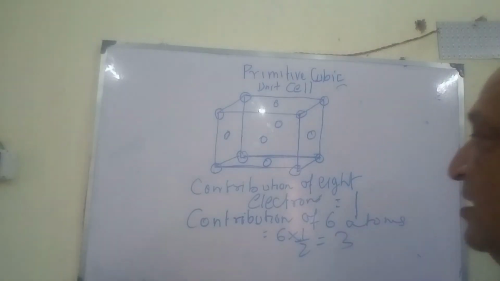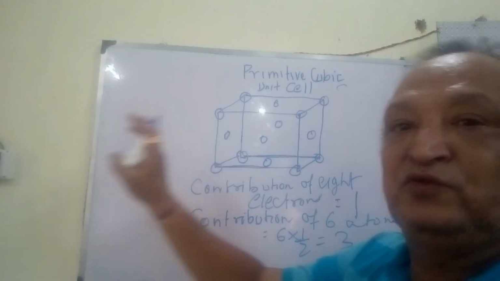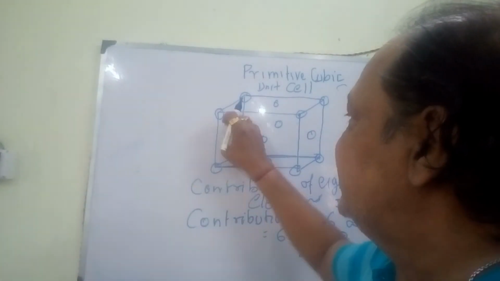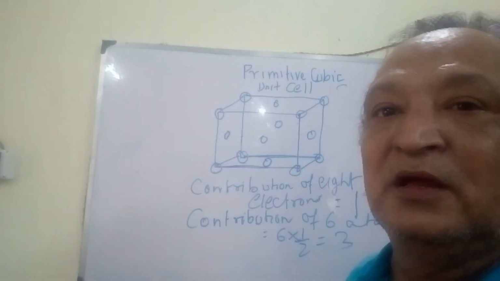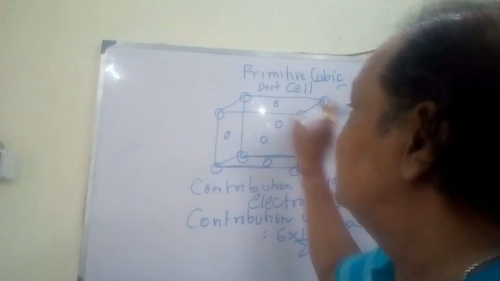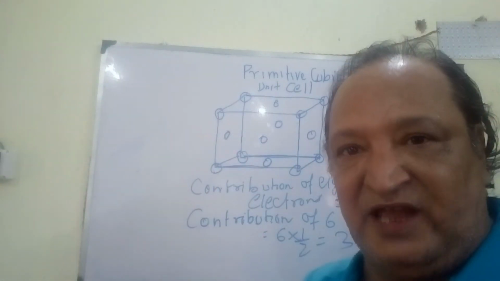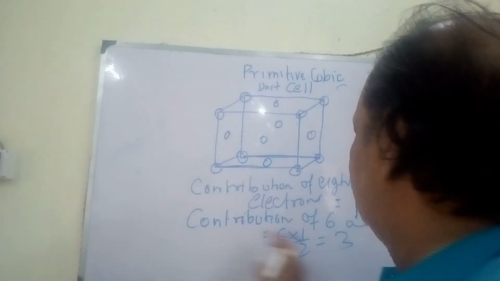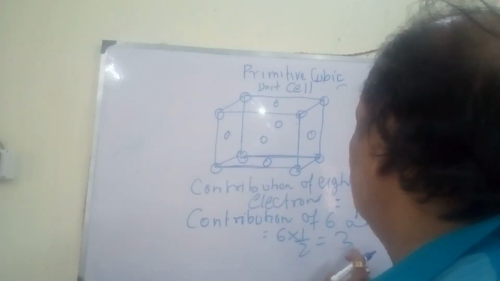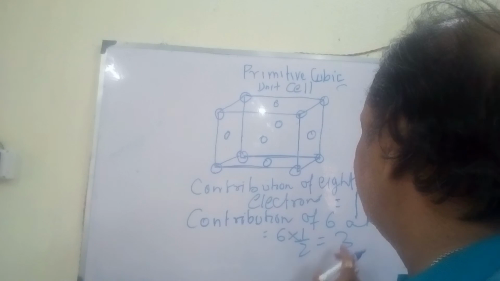Half. If this atom is shared by 2 unit cells, so contribution of this atom is half to this unit cell. Half part is this side, half part is that side. So there are 6 atoms, so contribution of the 6 atoms is 3.